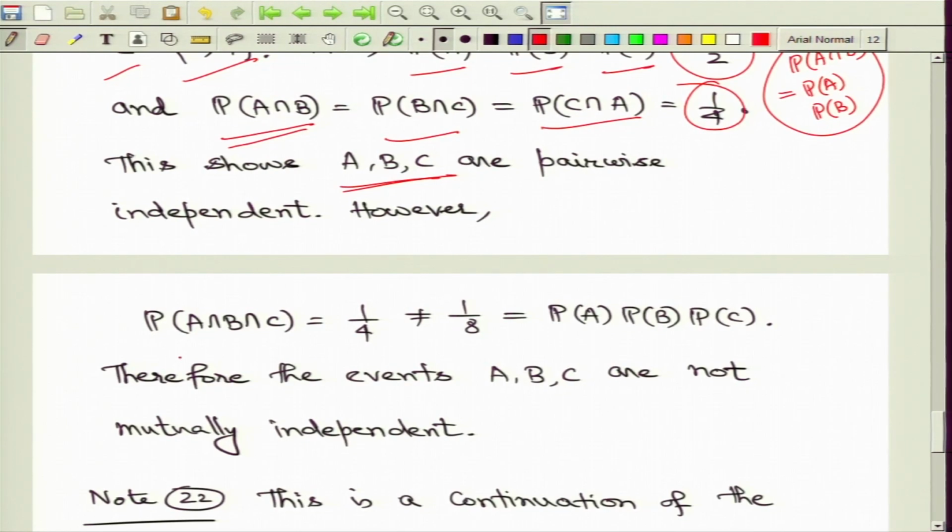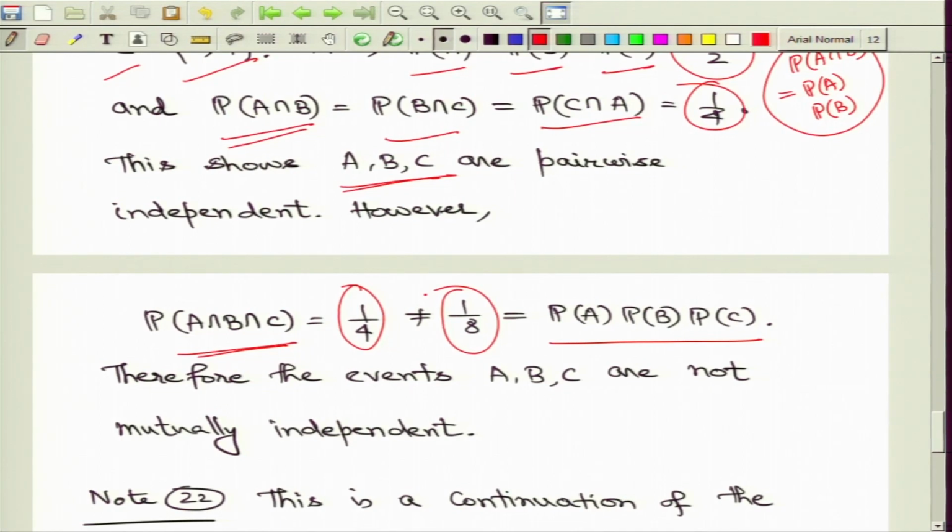What we observe is that these 3 sets again have the common element, the singleton {4}, and therefore, the full intersection is the singleton {4} and the probability of that is exactly 1/4. But that does not match with the product of the probabilities of these individual events, which turns out to be 1/8. Therefore, these events A, B, C are not mutually independent.